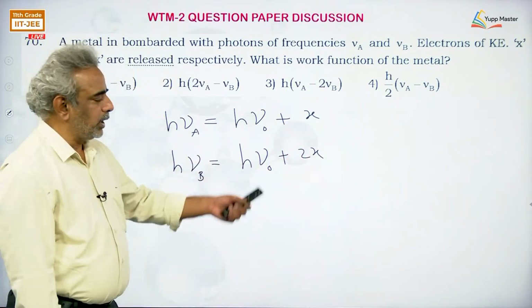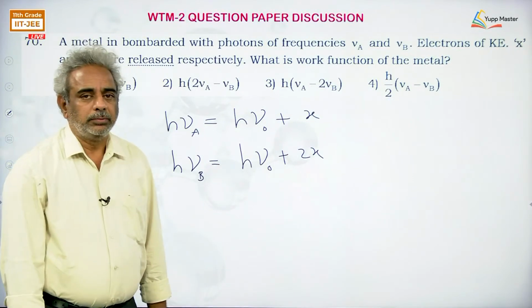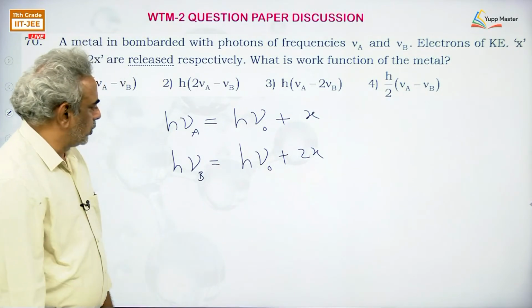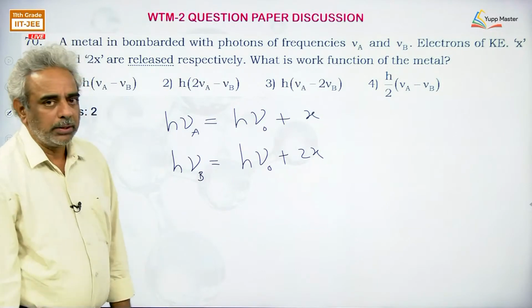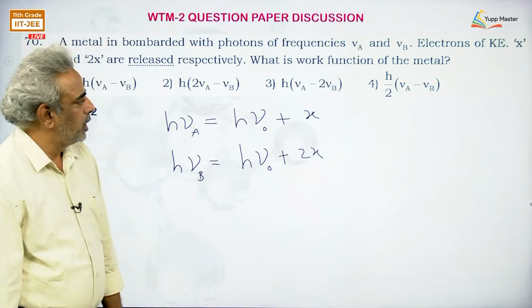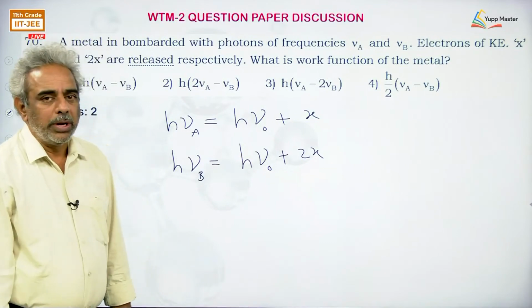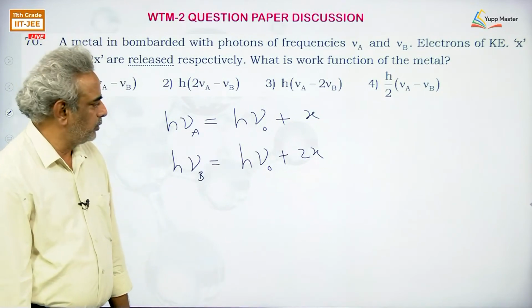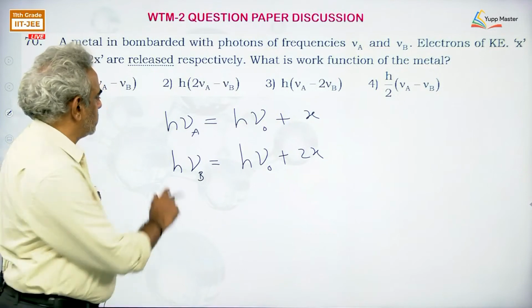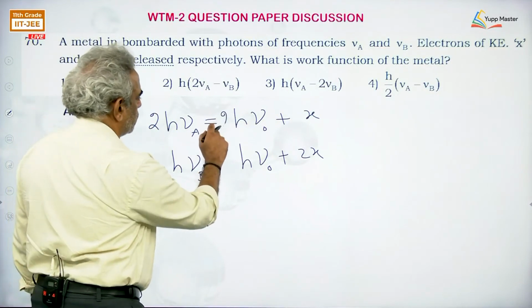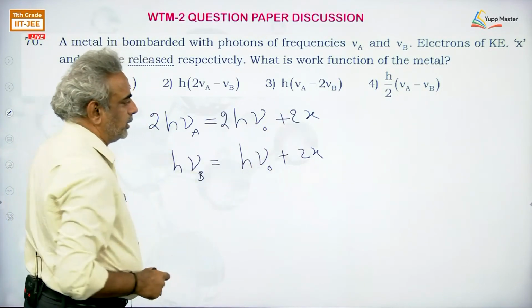Now we need to calculate the value of h nu naught. So what shall we work out? In terms of nu A and nu B, and we do not want the x to remain, so better you eliminate x. For that, what should we do? Just multiply the first equation by 2 so that we can eliminate x.